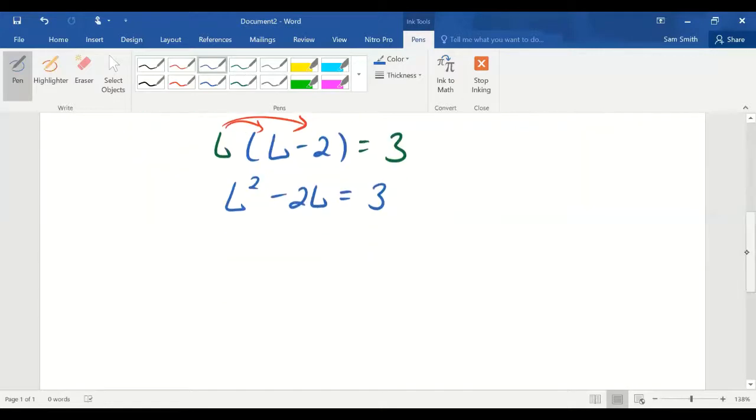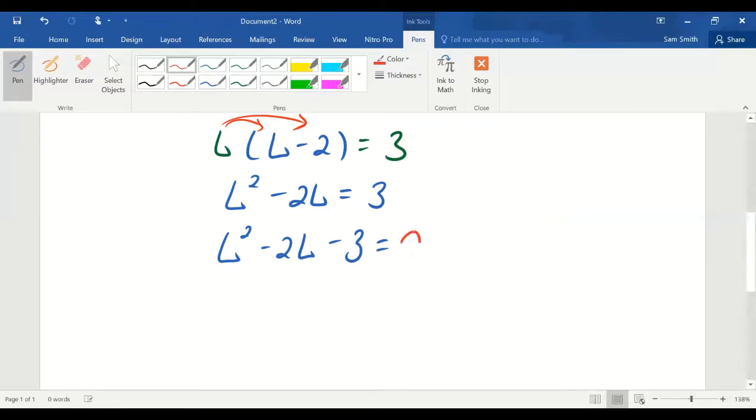Now because this equation is quadratic, because it contains an exponent of 2, my method for solving this usually begins with subtracting 3 from both sides for the purpose of getting a 0 on the right-hand side. For quadratic equations, whether you're using factoring and the zero product property, or the quadratic formula, both of those methods require 0 on one side of the equation.